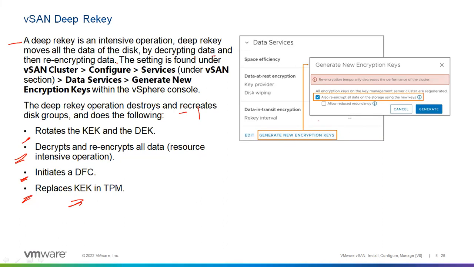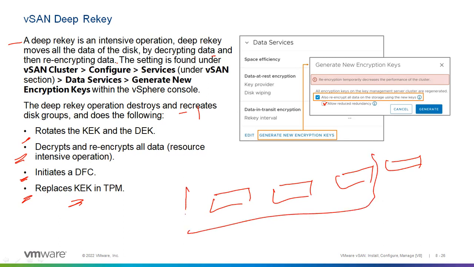Okay, so there is an option here, allow reduced redundancy. What it means is, if my data is being sent to another host and I don't have sufficient hosts at that point of time, we can still survive with the available hosts even though it is not fulfilling the redundancy requirement.